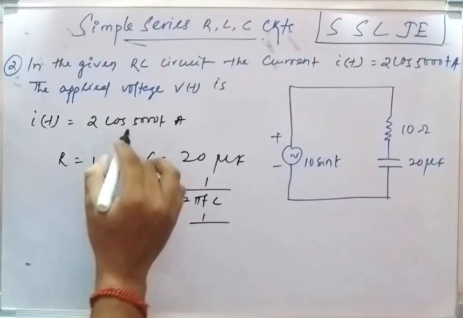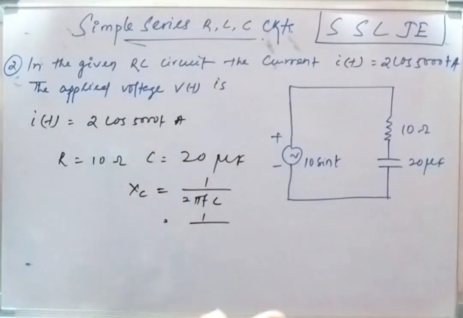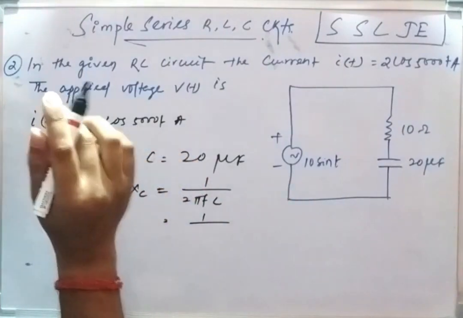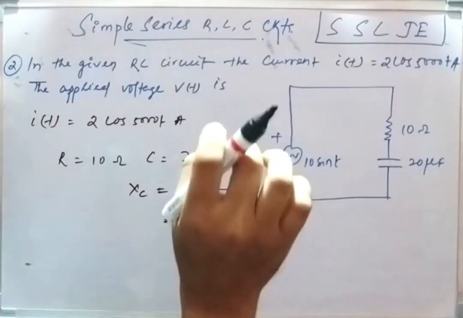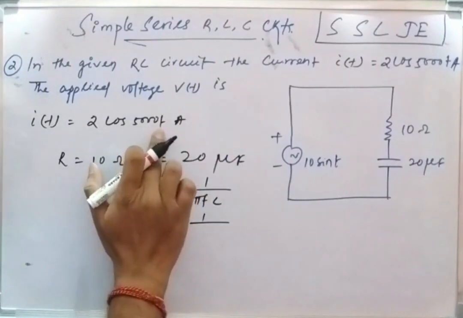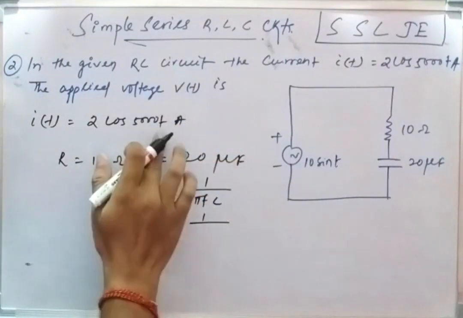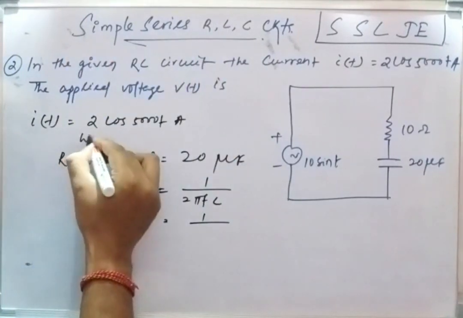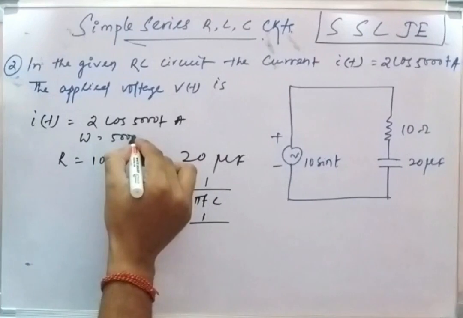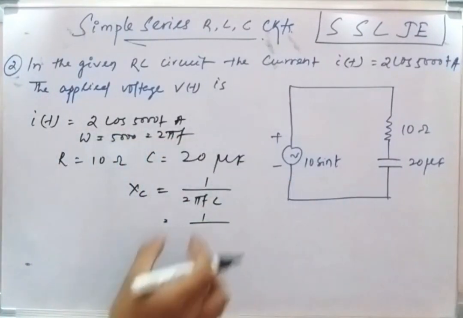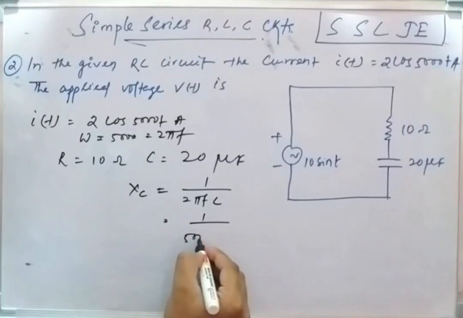Here 2 pi f is 5000 because we have studied in the first lecture that we can represent a sinusoid in sin omega t or cos omega t form. So except t, the other things come under omega. Okay, so omega equals 5000. And what is omega? Omega is nothing but 2 pi f. So in place of 2 pi f, we can write 5000.